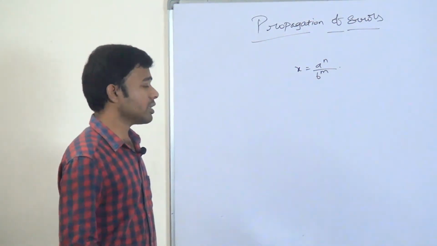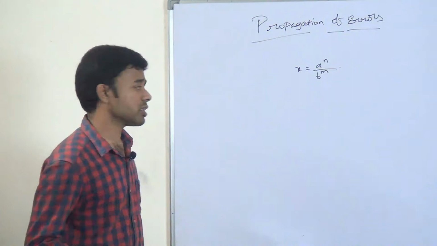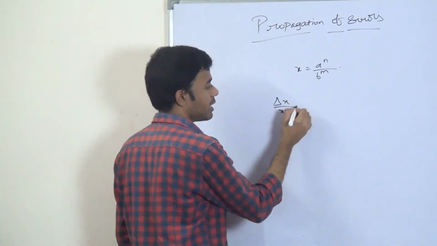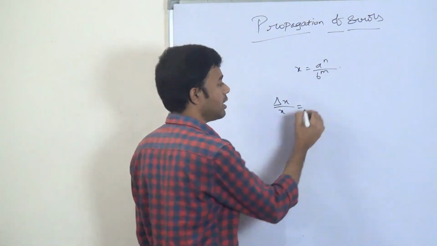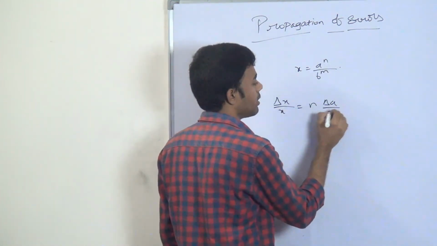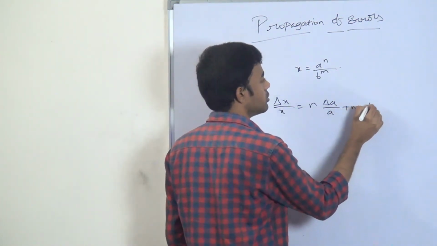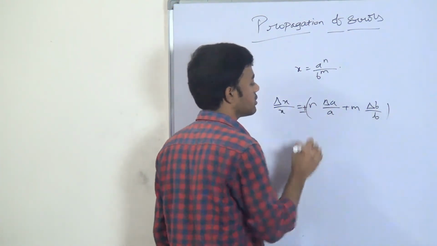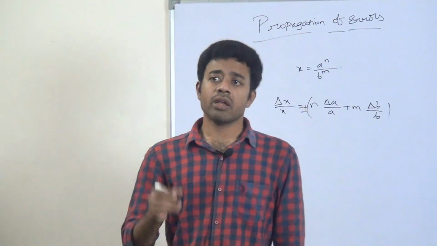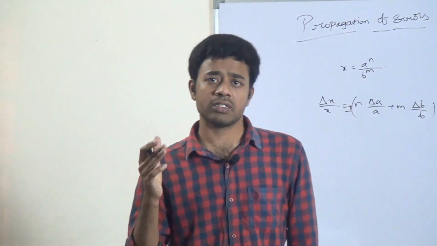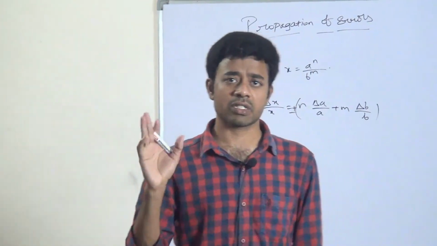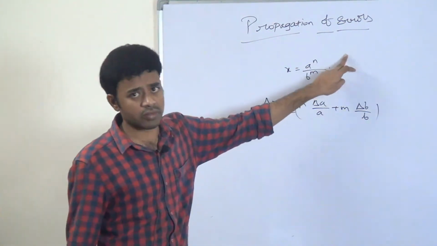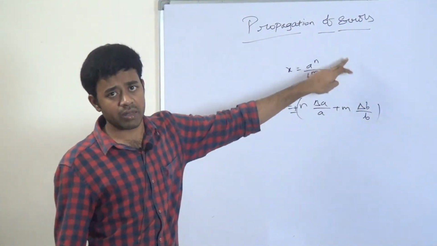Then we can find the fractional error in x, which is delta x by x equal to n into delta a by a plus m into delta b by b. So this gives the value of the fractional error if any physical quantity is indicated in terms of powers of other physical quantities. Here x is indicated in terms of the powers of the two other physical quantities a and b.